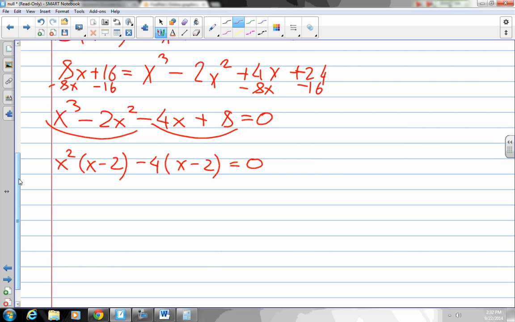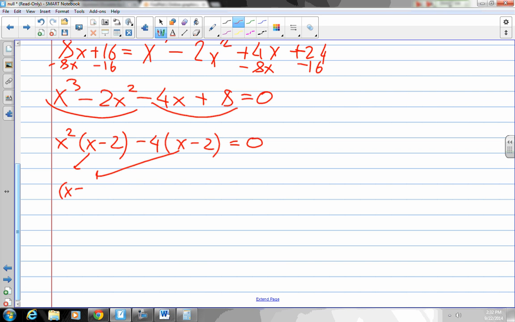Right? So if you take negative 4 out of the last 2 terms, you'll get negative 4 times x minus 2. And finally, pull x minus 2 out, and it leaves you with x squared minus 4 equals 0. Right? You take the x minus 2 out, and then see what's left.